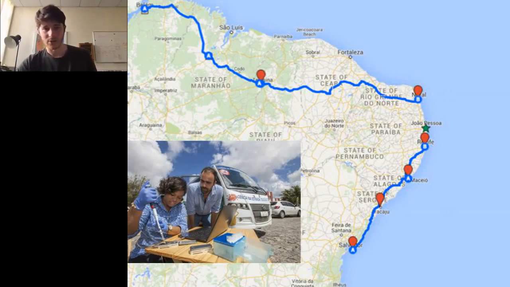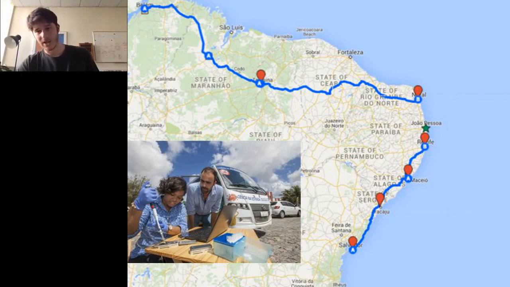We actually travelled over 1,000 kilometres from Natal to Salvador, and in the picture there you can see Jacqueline, who is a Brazilian student who we now have working in our lab at this very moment. She's come over to do a project, and she's working on improvements to our Zika sequencing protocol.